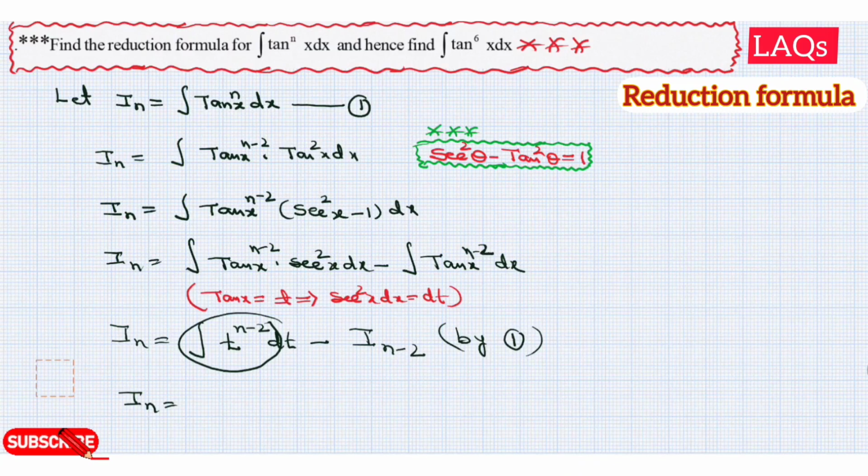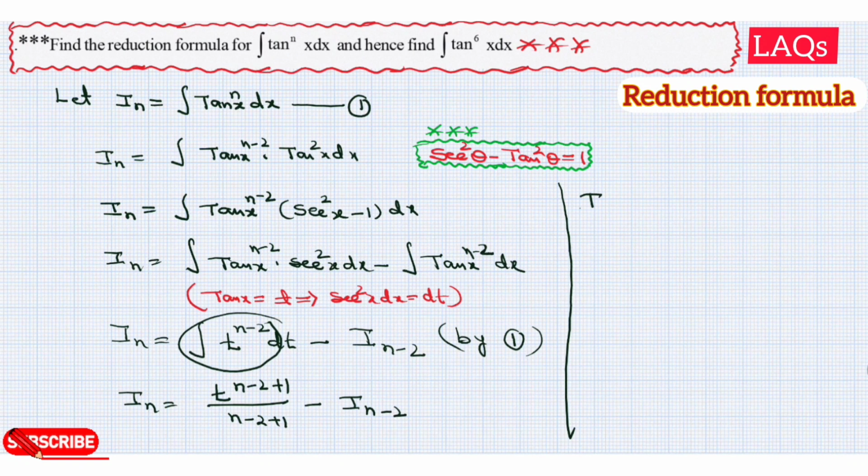Apply this formula: t power n minus 2 plus 1 by n minus 2 plus 1, minus I(n minus 2) as it is. Then In equals t power n minus 1 by n minus 1 minus I(n minus 2).